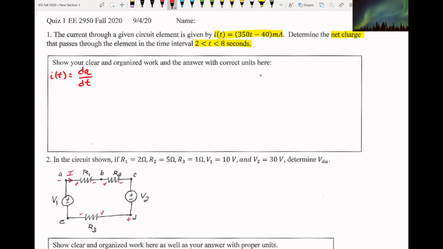difference of charge. So therefore, if we were to go and rearrange this equation, we would get dq is equal to I of t dt. And if we go and integrate both sides, we will get q is equal to the integral of I of t dt.